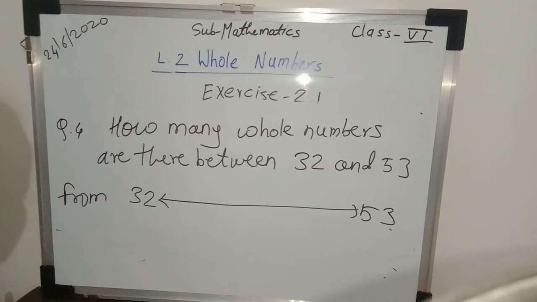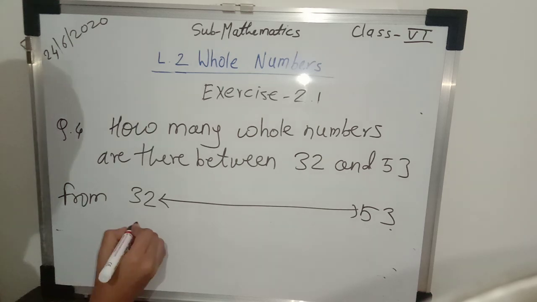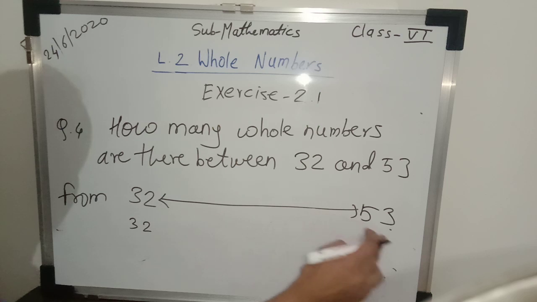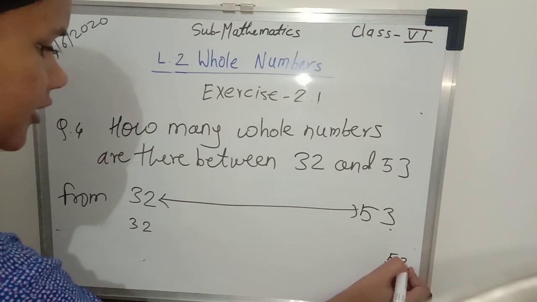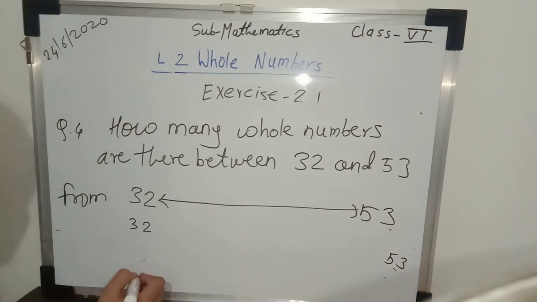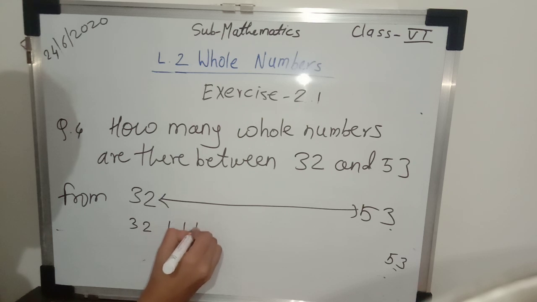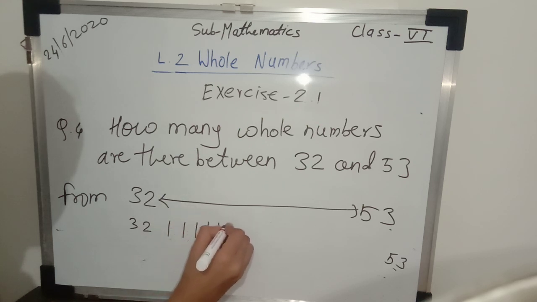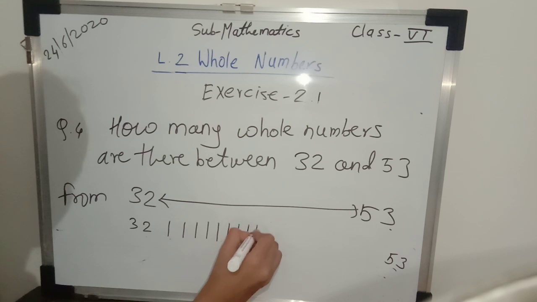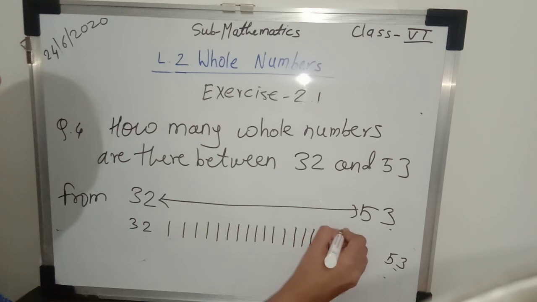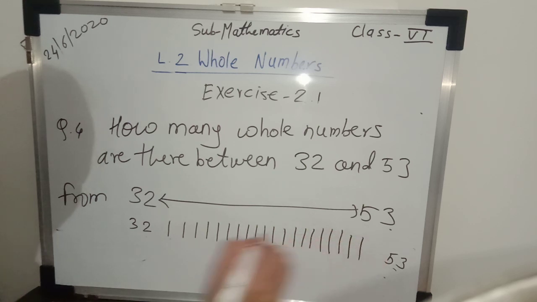There are two methods. First, after 32 we have to count the numbers till 53. To count, for each number we will draw one line. After 32, 33 is there, 34, 35, 36, 37, 38, 39, 40, 41, 42, 43, 44, 45, 46, 47, 48, 49, 50, 51 and 52.